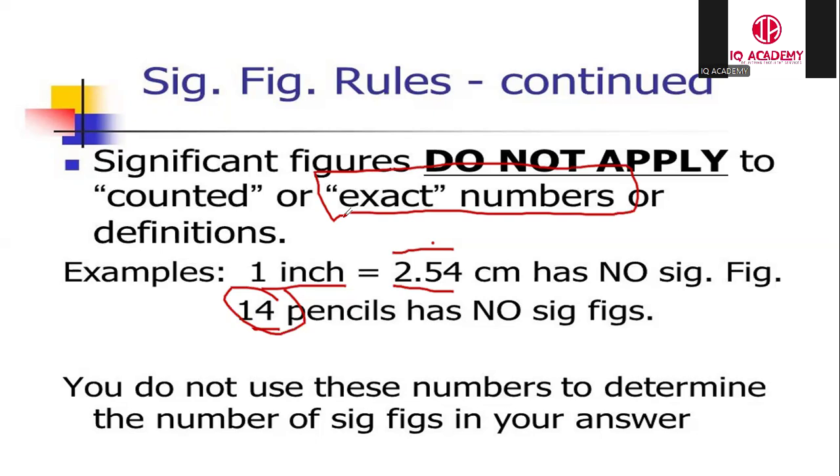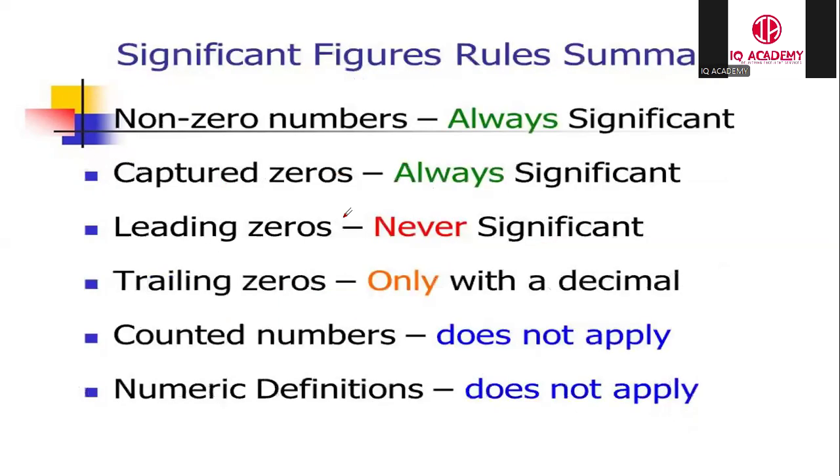And then these are the rules here. I've summarized them. Captured zeros are always significant. Non-zero numbers are always significant. Leading zeros are never significant. Trailing zeros are only significant if there's a decimal point present.